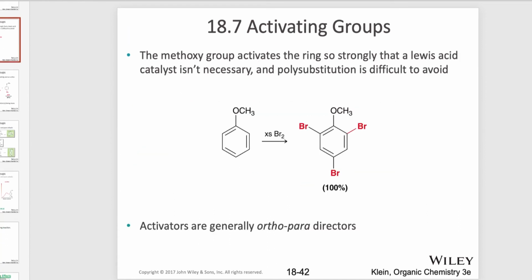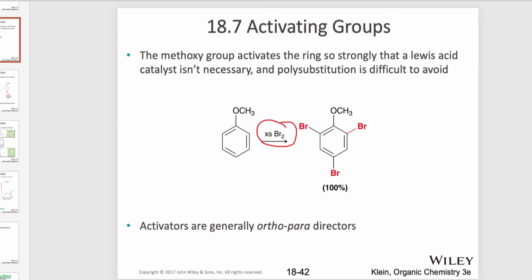On the next slide, as we're walking through this, what would happen if we were to use a methoxy group that activates the ring? We don't even need a catalyst. See how this now just reacts with bromine? We don't even have to add aluminum bromide or iron bromide. And polysubstitution is also something that can happen.